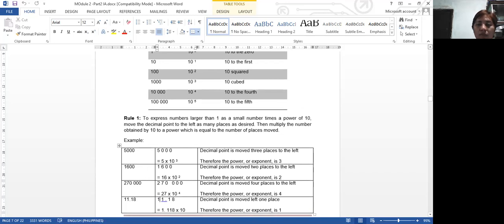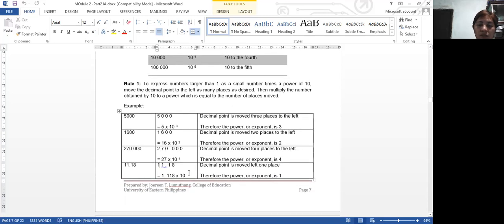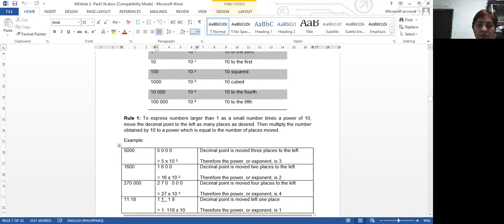So 10 to the first. I did not just put 1 because it is understood that there is 1. So therefore, the power or exponent is 1.